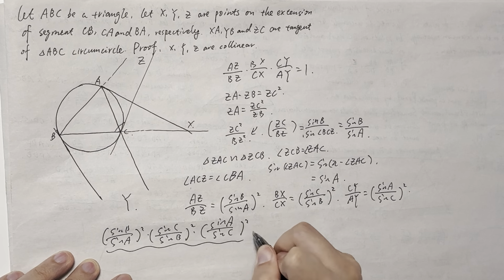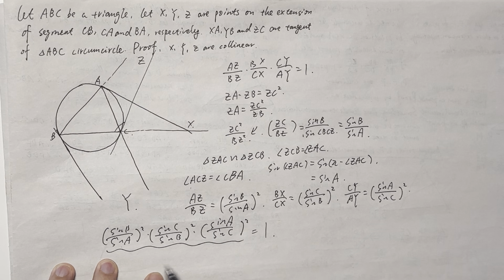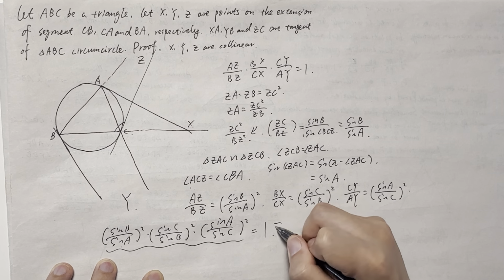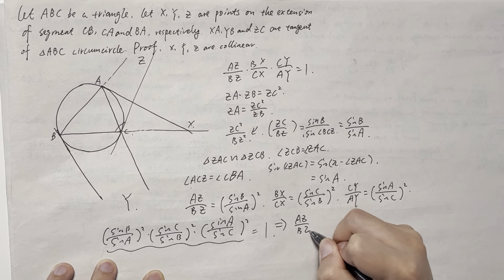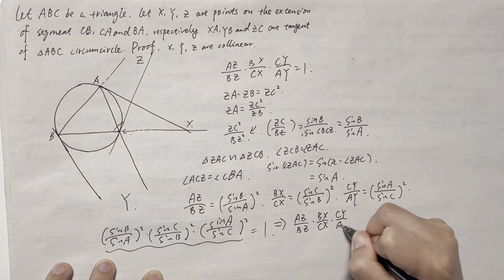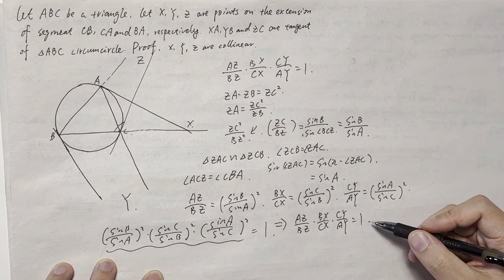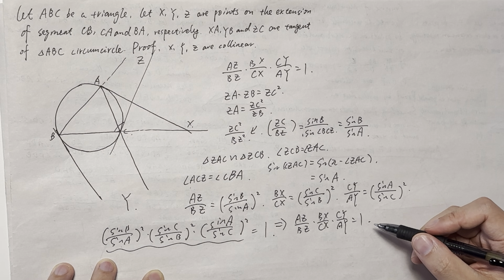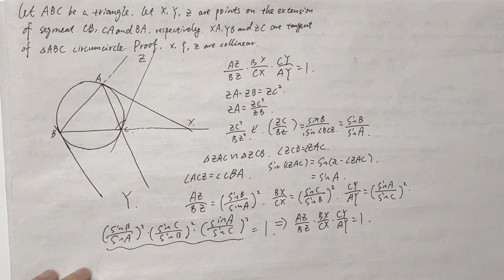We know this equals 1, right? Sine B and sine B, sine C and sine C, sine A and sine A. So this equals 1. That means AZ to BZ times BX to CX times CY to AY equals 1, which means the Menelaus theorem is valid here, and using the converse of the Menelaus theorem, we know that X, Y, Z are collinear.